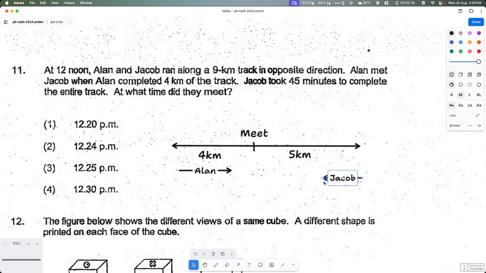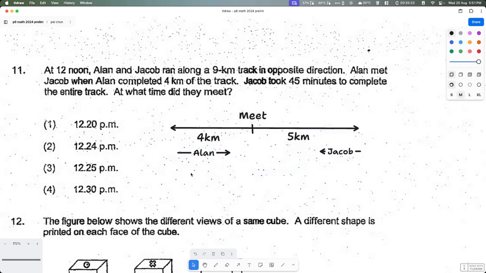I don't know why this is not moving, but yep. So what this means is that the 9 kilometers, he took 45 minutes. So Jacob's speed is equal to 45 divided by 9, which is equal to 5 minutes per km.